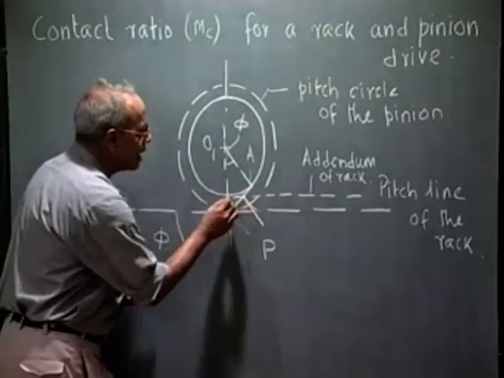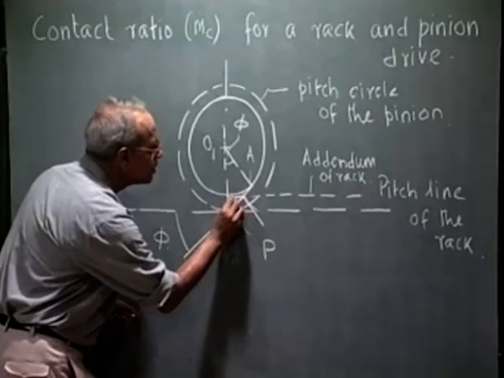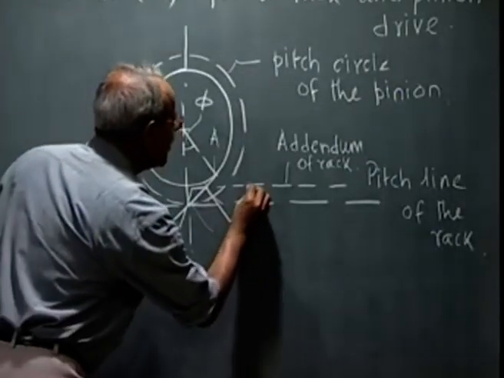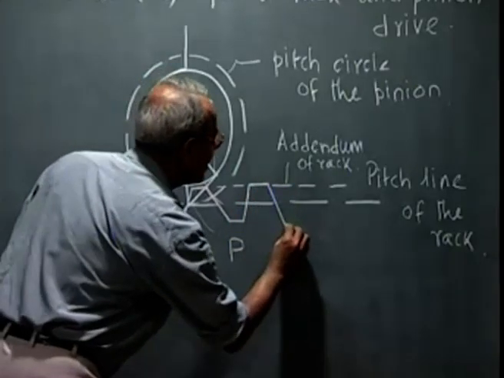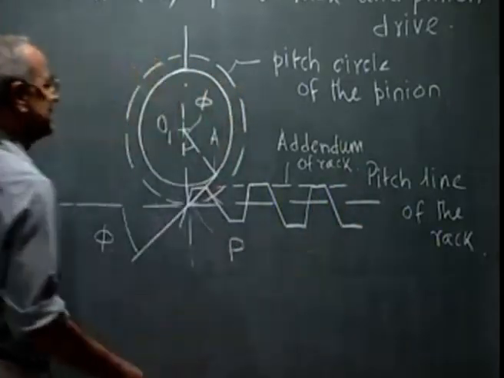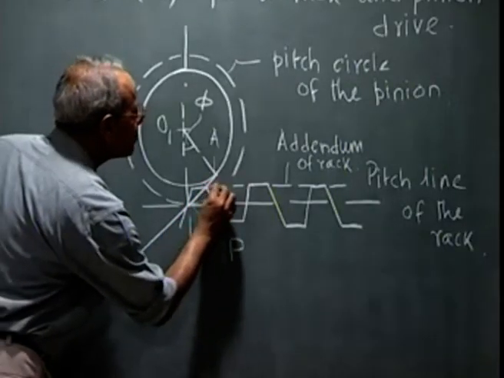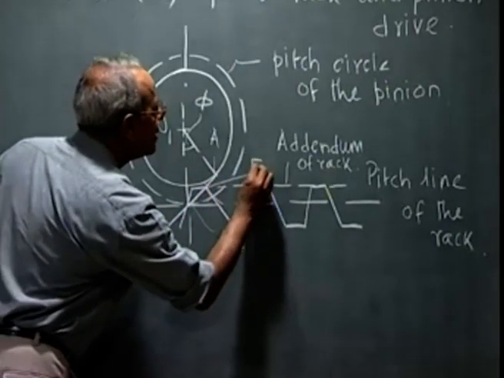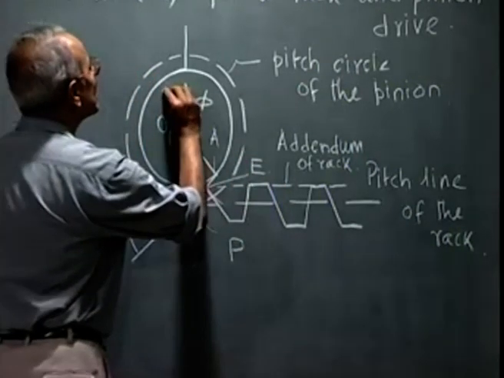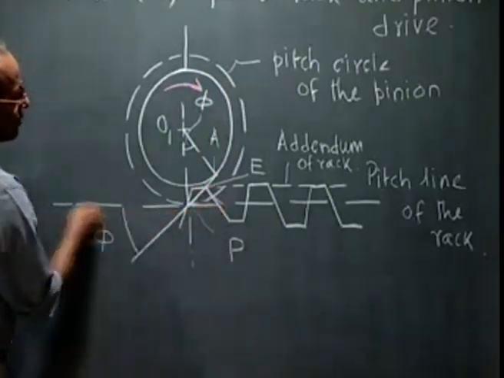This is the addendum line of the rack. If I complete the rack tooth, it will look something like this. This is the rack. At this beginning of the contact, this point let me call E. Now this pinion rotates in the clockwise direction and drives the rack to the left.